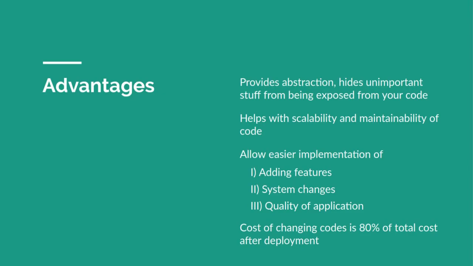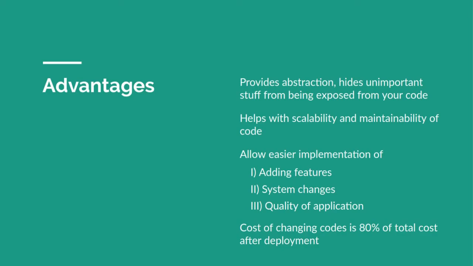Now, think about the code base written in a very primitive way, and then think about a code base written in a certain pattern. To adapt those system changes, it would be easier to do it in the code base where a certain architecture pattern is followed.